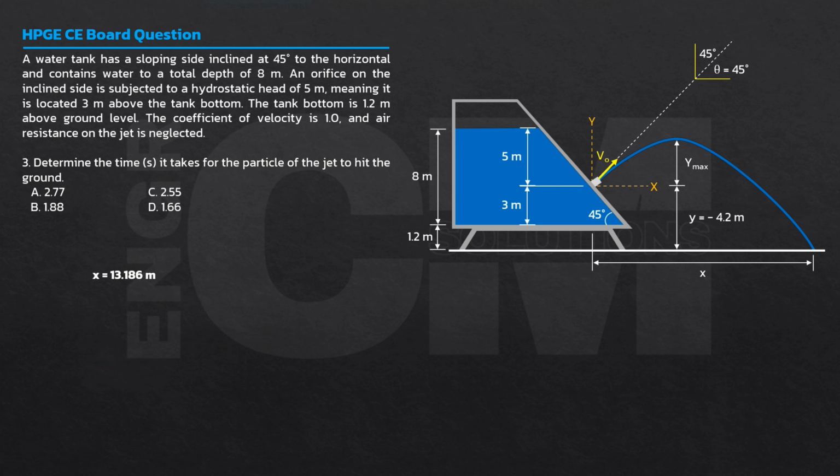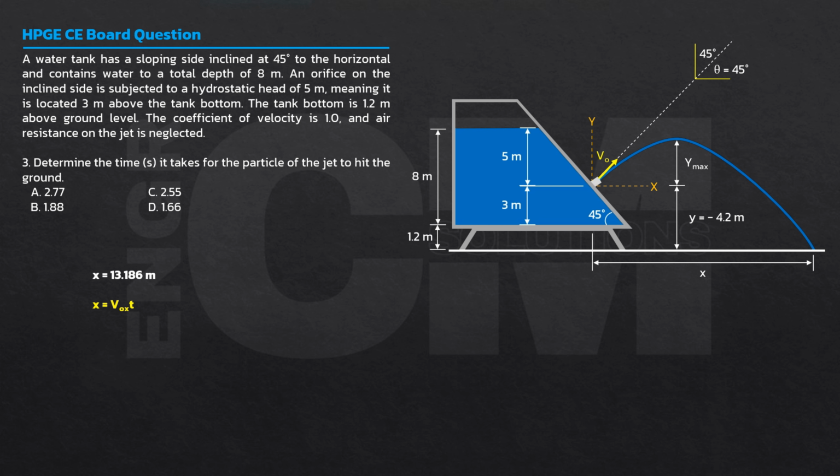Then, determine the time in seconds it takes for the particle to hit the ground. Now, for the total time, always remember the concept of parabola. The horizontal component of velocity here is constant. Therefore, the total distance traveled, x, equals velocity x times time. There is no acceleration in the horizontal component.